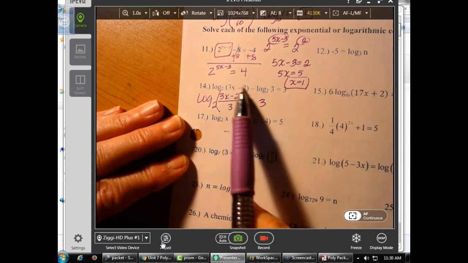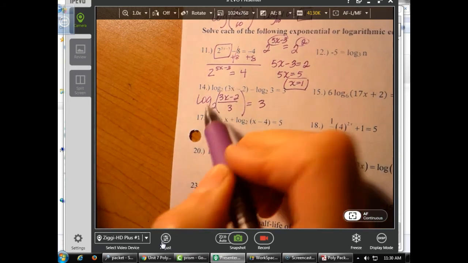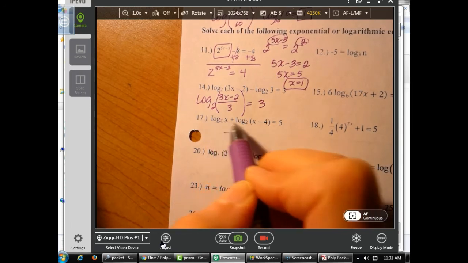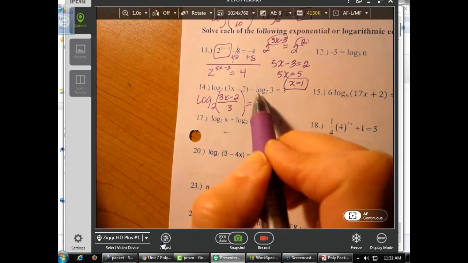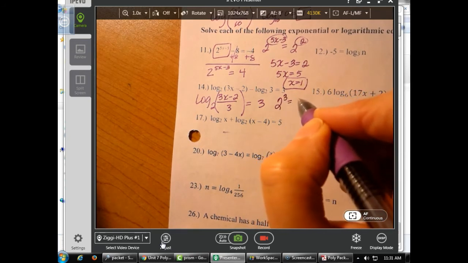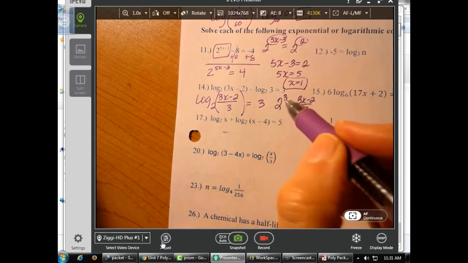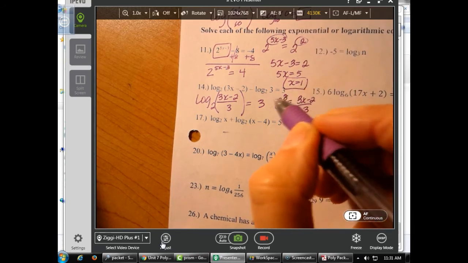So all I did was divide this by 3, okay? Then I rewrite it by basically looping around, so 2 cubed is equal to all this. So 2 cubed is equal to 3x minus 2 over 3. And remember, 2 cubed is just the number 8.